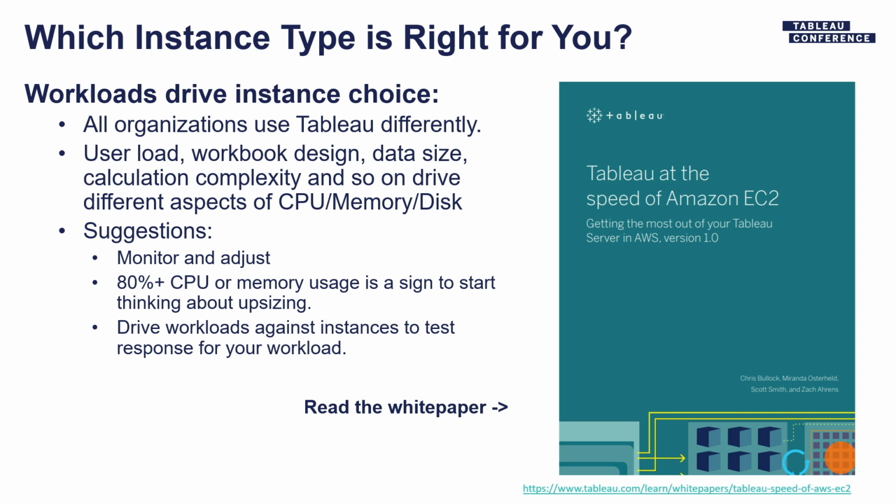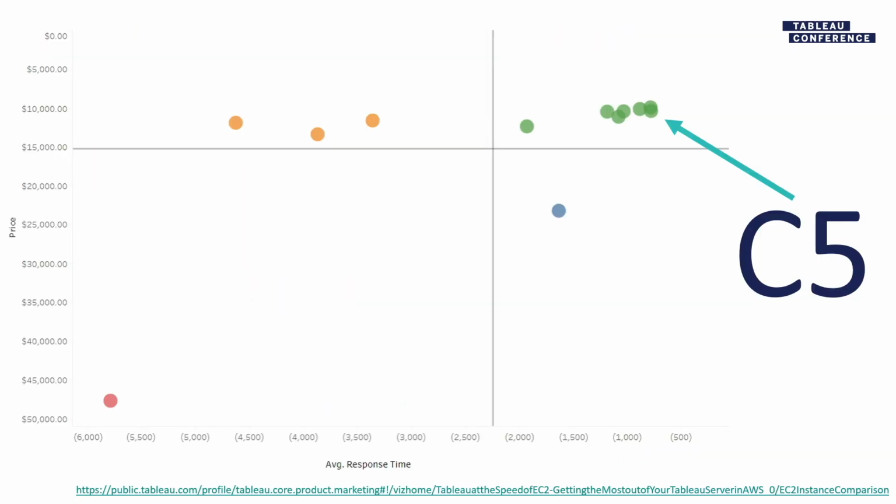The good news is a lot of this has been done for you to help you pick a general purpose instance. We have a white paper called Tableau at the Speed of EC2 that helps cover a number of these topics. Part of the white paper is a Tableau Public visualization, which we've distilled down into a number of different charts.